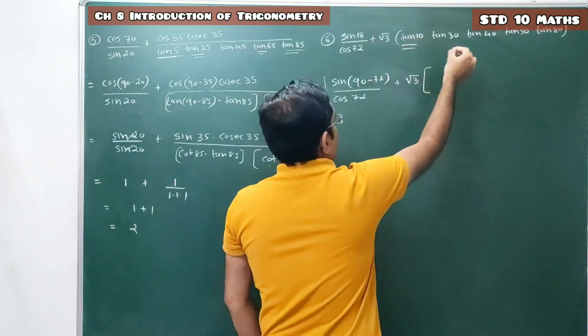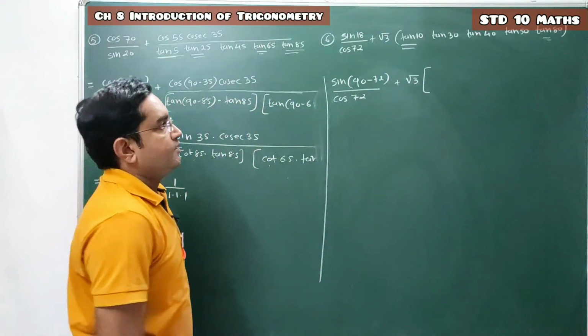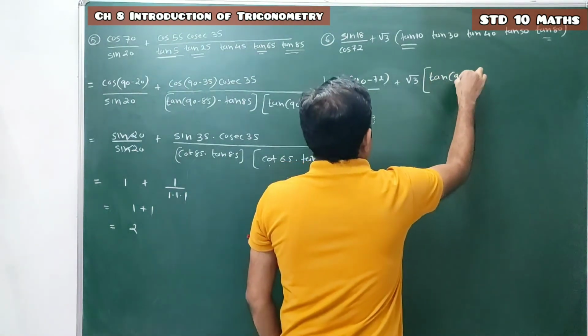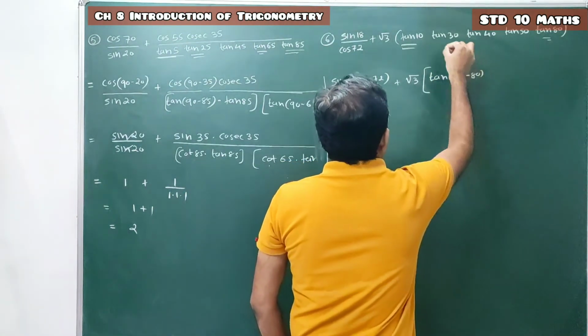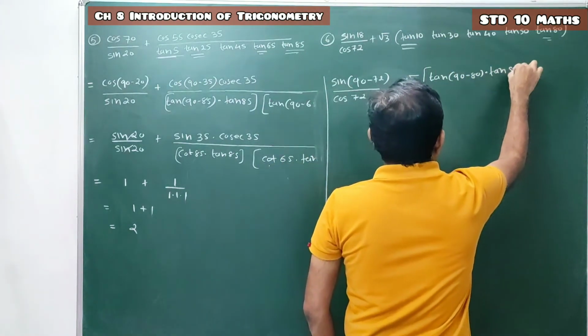Now writing this tan 10 and tan 80 in a pair. So writing this tan 10 as tan (90 minus 80), which is 10, and this one is tan 80.